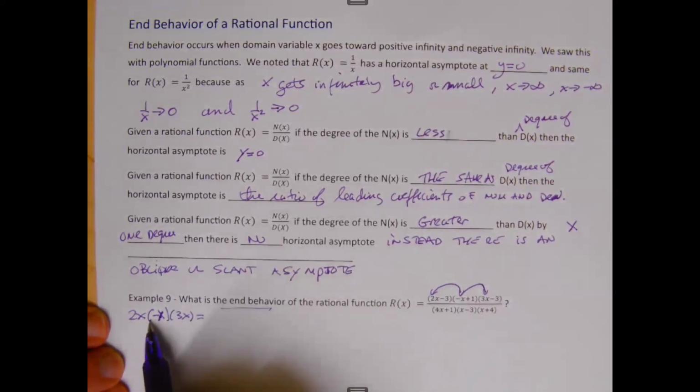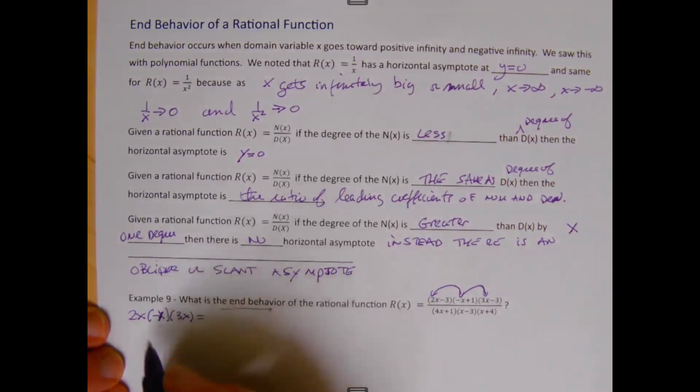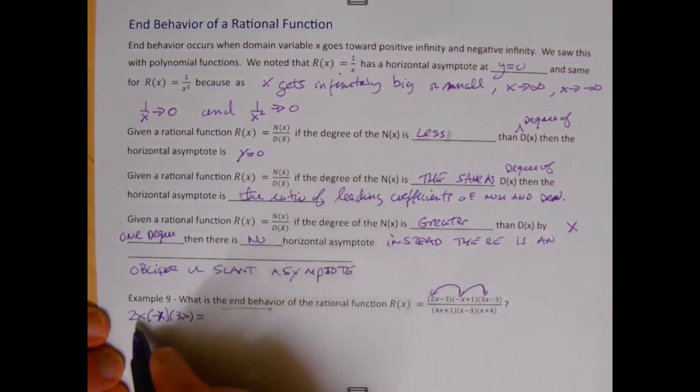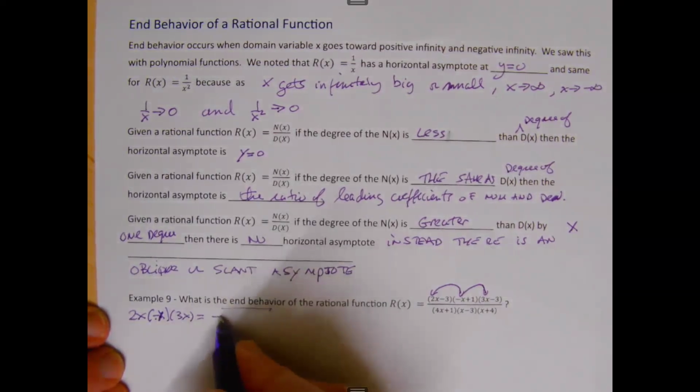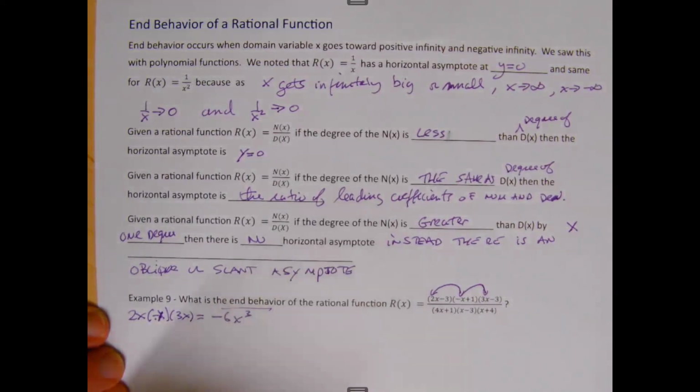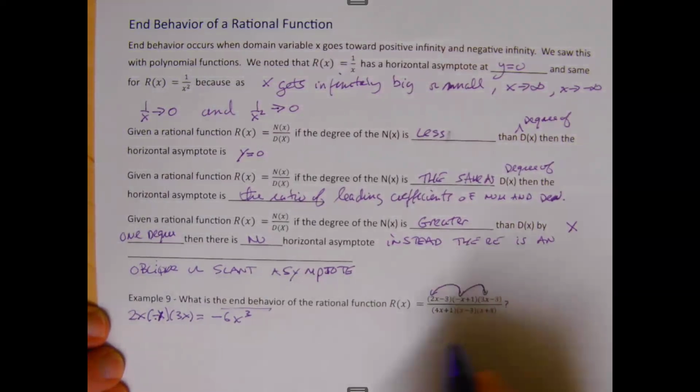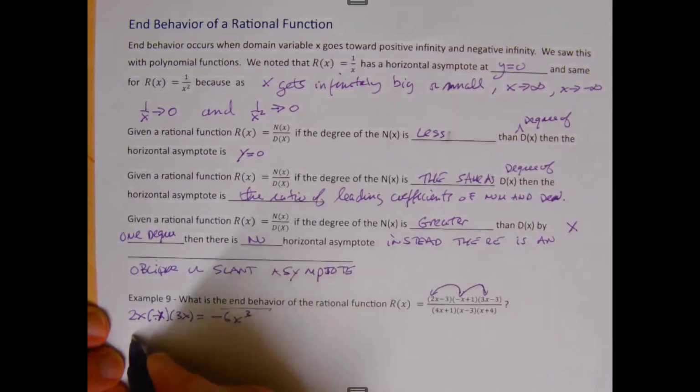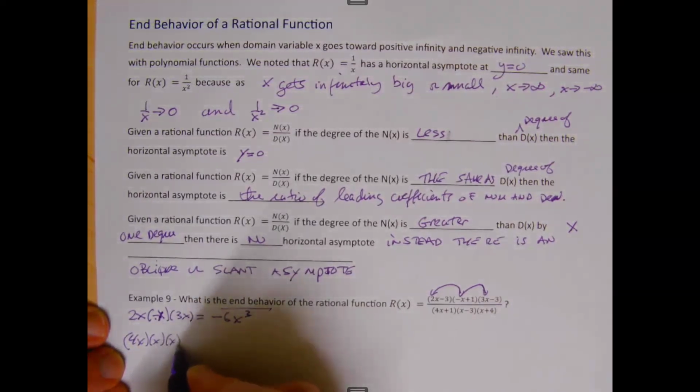That gives me x cubed, and the number here is 2 times -1 is -2 times 3 is -6. So I got -6x cubed. That is the numerator. The denominator now becomes 4x times x times x.